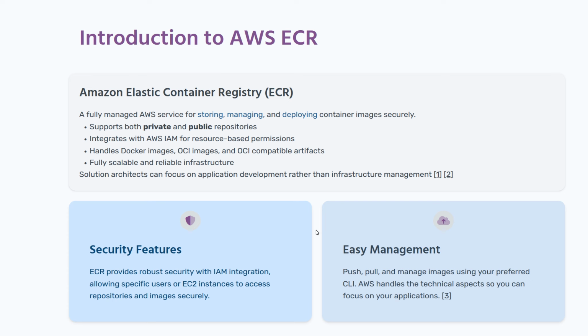AWS handles the technical aspects so you can focus on your application, right? So you can push, pull, and manage images in there, right? So it is basically containers which we keep and store, right?